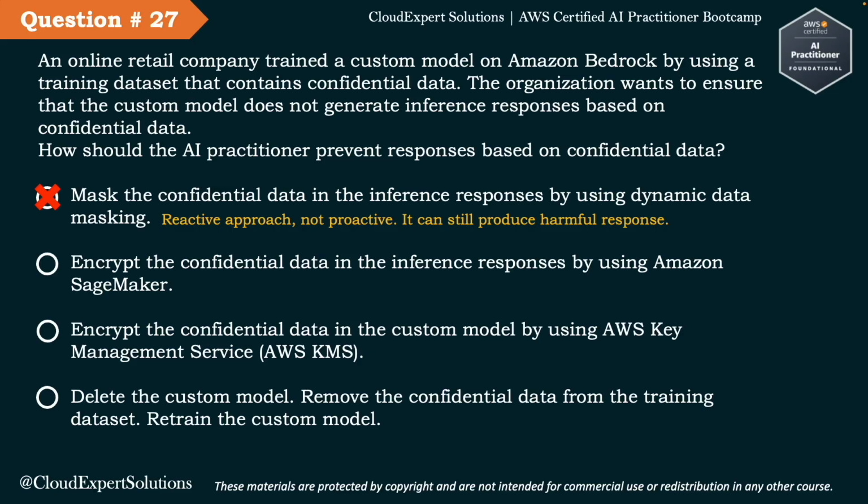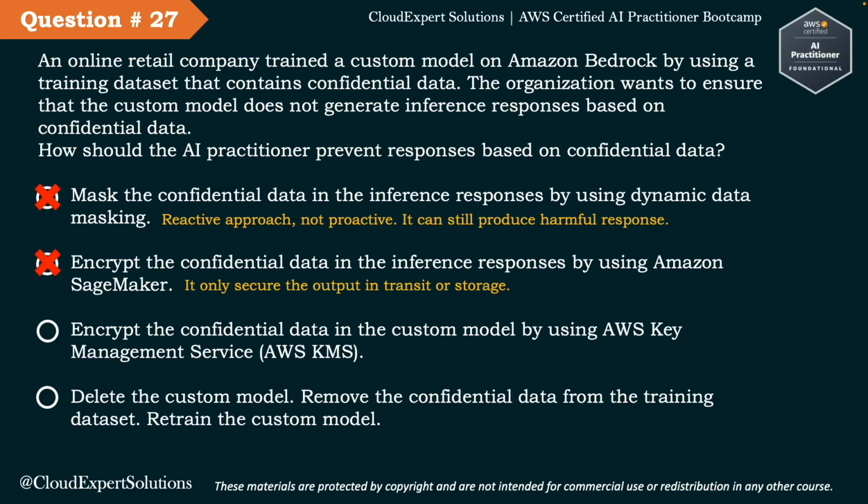Moving to option number 2, encrypt the confidential data in the inference response by using Amazon SageMaker. Encrypting the response does not stop the model from generating sensitive content. Again, that is reactive, not a proactive approach, and the core issue of data leakage will remain with this option. That is why this is not the correct option.